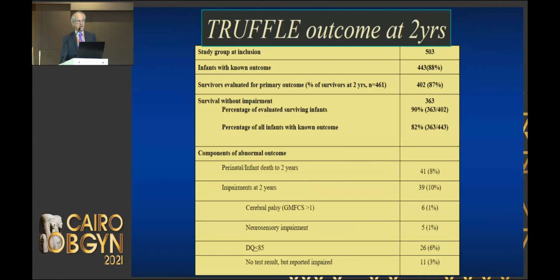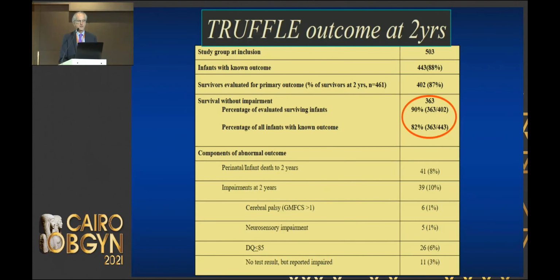Now, let's look at the outcome at 2 years. This was for the overall group, not differentiating between the different randomized groups. You see 503 cases, and 363 of them survived without impairment.